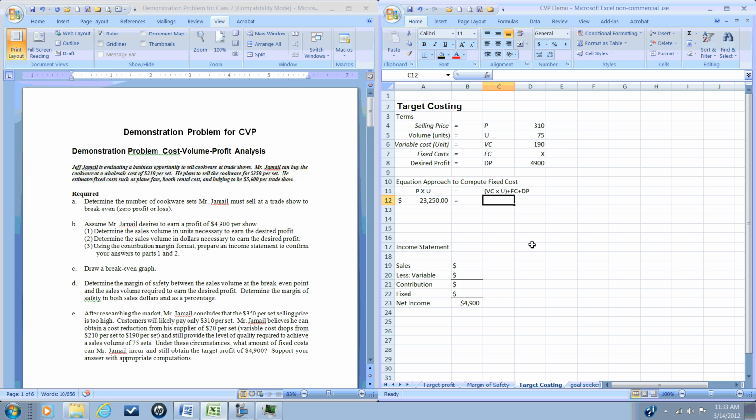That is going to be equal to our variable cost, which will now be $190 times 75 units, plus our unknown fixed costs plus 4,900.